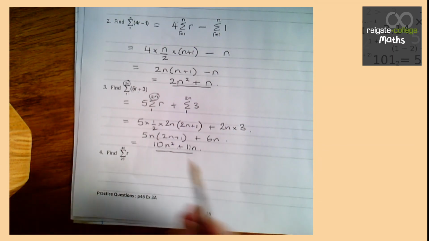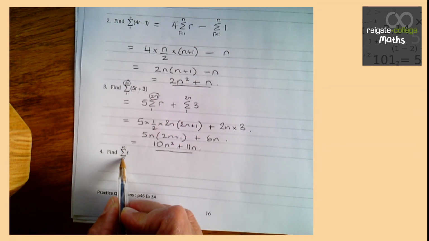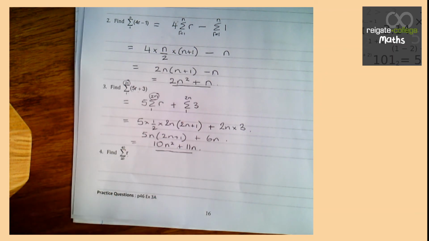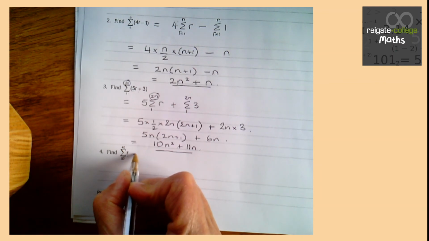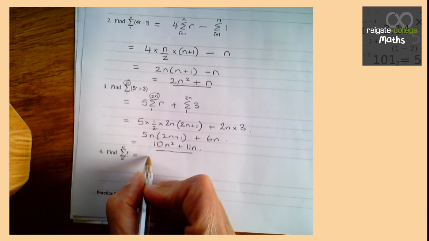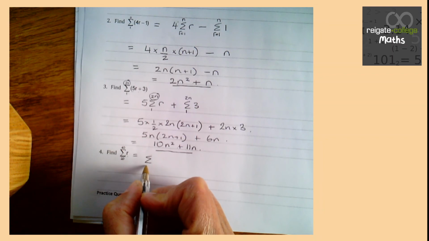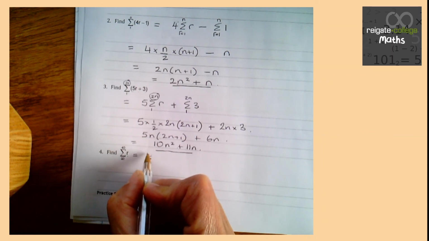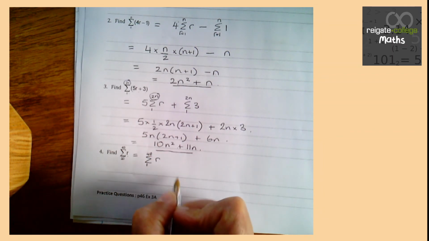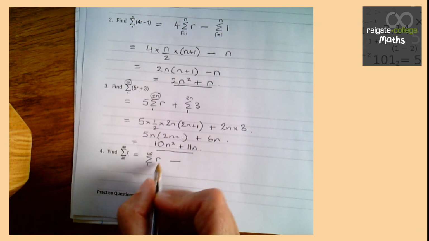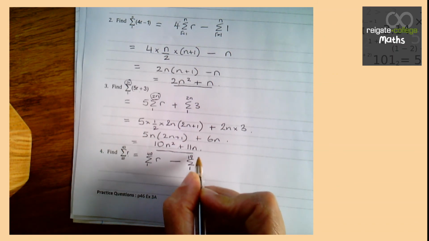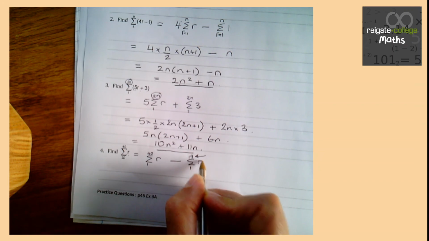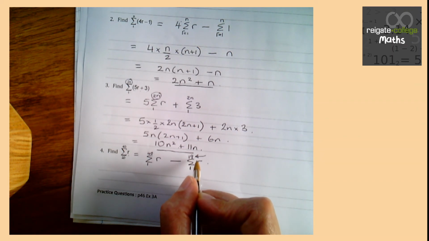Last question. We need to find the sum from 20 to 40 of r. What we need to think about here is that this is the same as finding the sum from r equals 1 to 40, but that would be too much. So I need to take away the sum from r equals 1 up to 19, and be careful there, think which term you want.